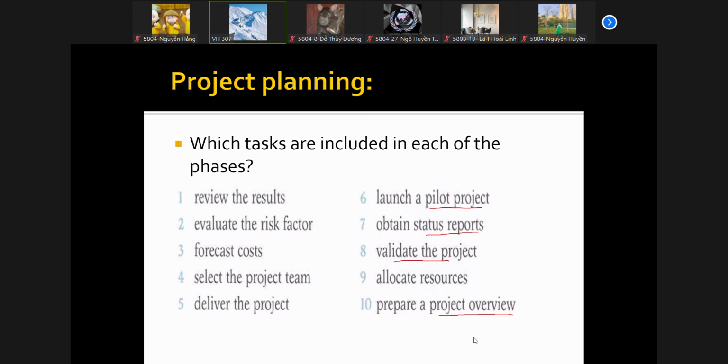I will divide you into breakout rooms, and please do it very quickly in about 3 minutes, right? Cô sẽ chia các bạn vào trong nhóm nhé, và chúng ta sẽ làm nhanh trong vòng 3 phút nha các em.